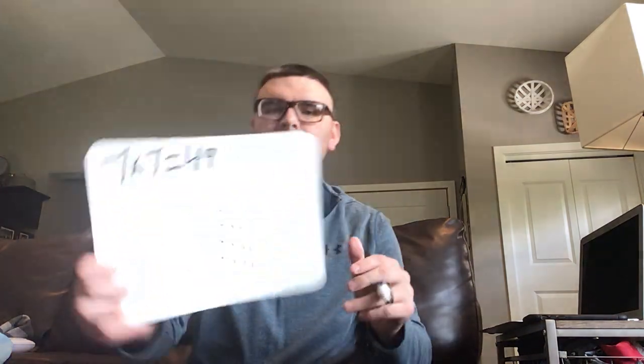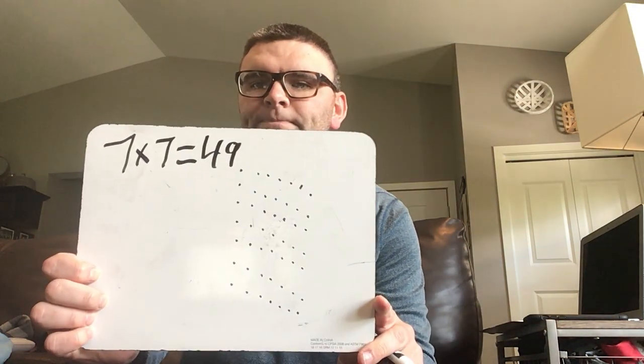I know I'm arcing downwards, but at least my lines line up. There we go. Maybe you can't see in the sun, but 7 lines of 7. Then I just count my dots. If I count them all up, I'll notice I have 49 dots there. 49.